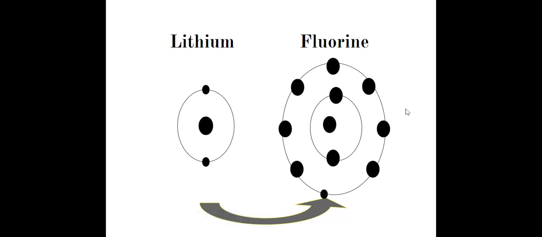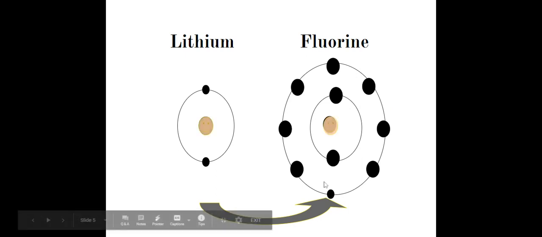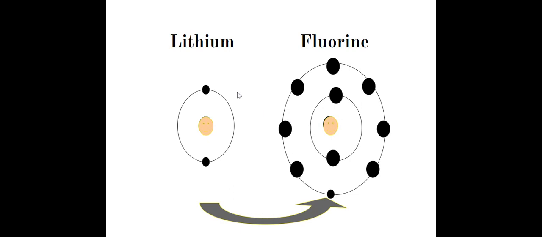So lithium's single valence electron will hop on over to fluorine. Now fluorine has a complete valence shell of 8 and it is happy. This is a smiley face. It looks kind of terrible right here, but bear with me. And lithium is also happy with a complete valence shell of 2.